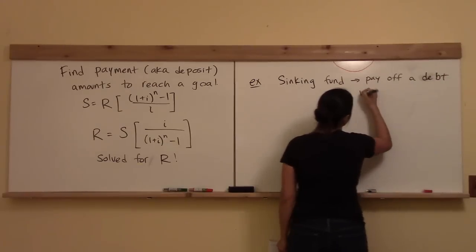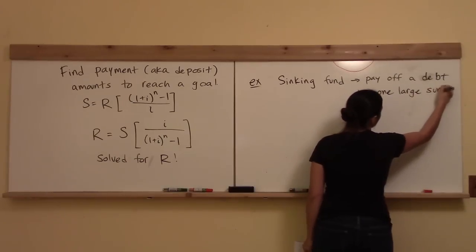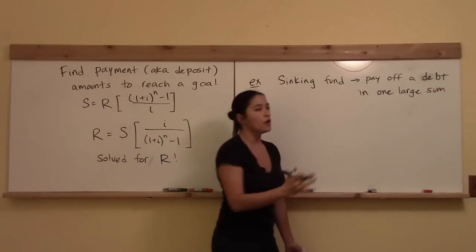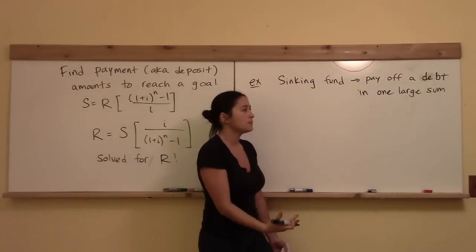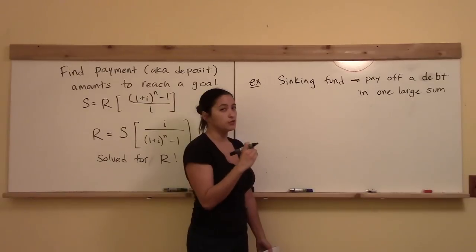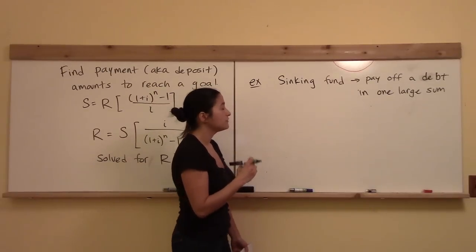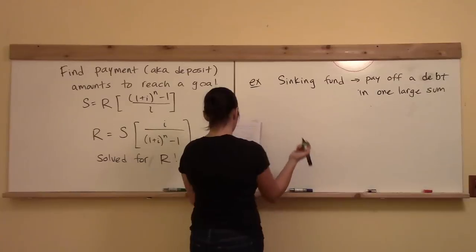Okay? And so along the way, knowing that you're going to have to hand over this giant chunk of cash someday, you're going to save up bit by bit by creating an annuity for yourself and then have that amount of money ready to pay off the debt in one large sum.